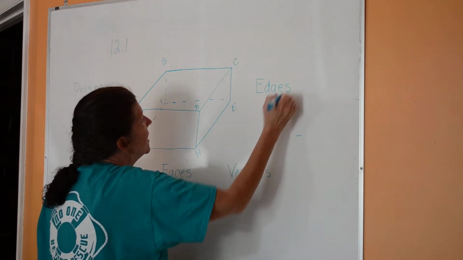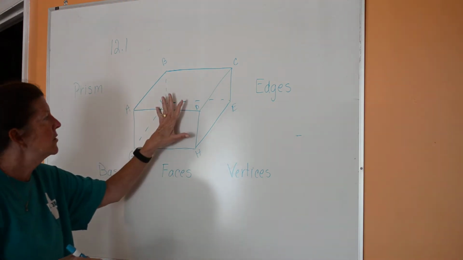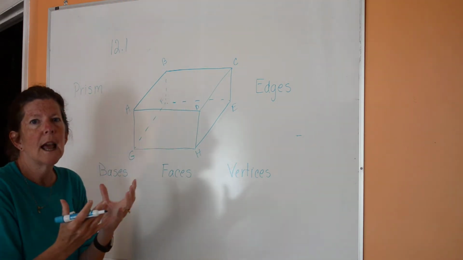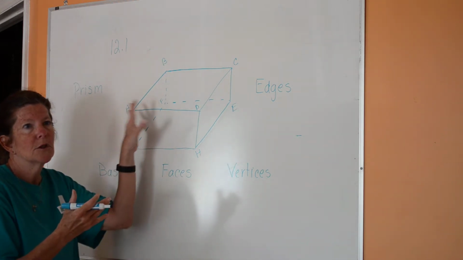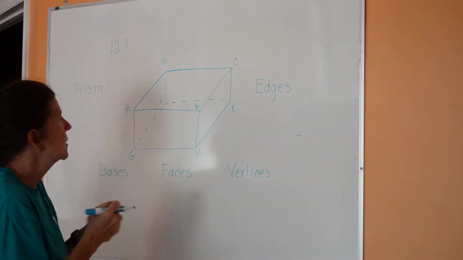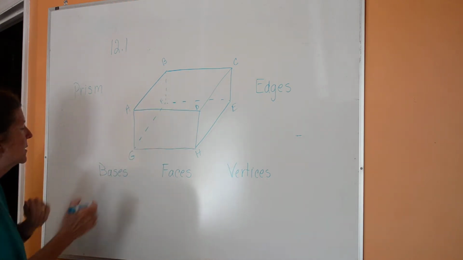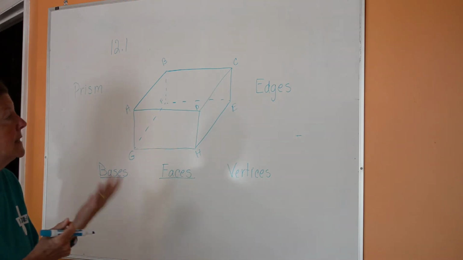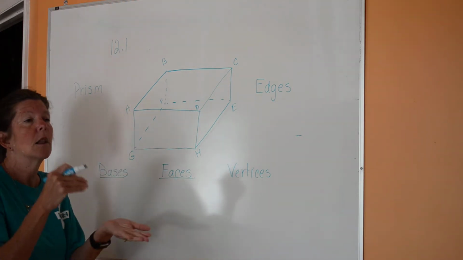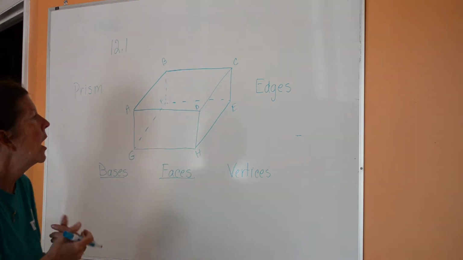Now, a lot of this chapter is being able to take something that's drawn two-dimensionally and visualize it as a three-dimensional figure. Also, you're going to have to be able to draw some three-dimensional figures. If I were to look at this particular figure and ask what the bases are, the base is basically what it can sit on. So a lot of times it's the top and the bottom of a prism.